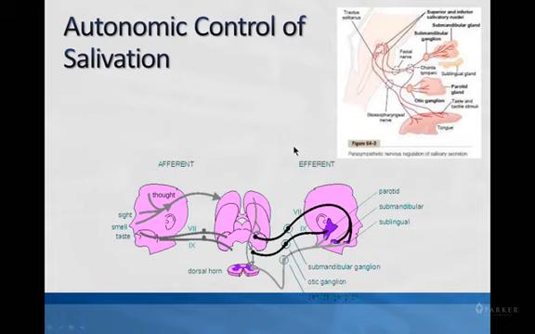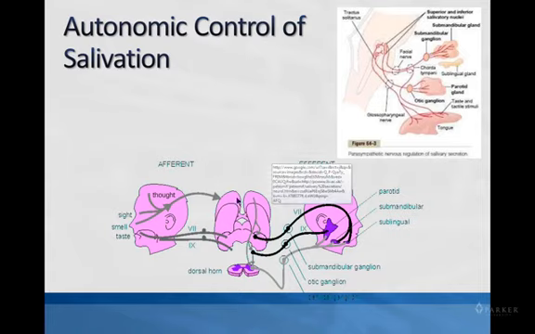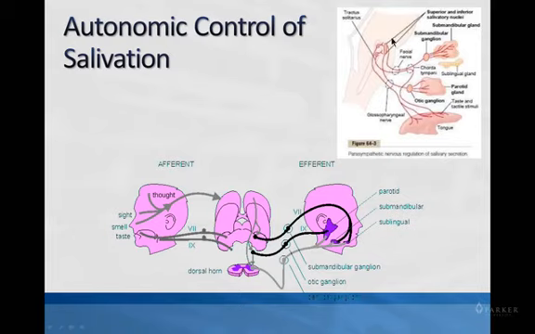Now, the salivation itself is completely controlled by the autonomic nervous system. Okay, it's all completely from the autonomic nervous system. So you have sensory receptors in the mouth and in the pharynx that sense tactile stimuli and taste, and send sensory information to salivatory nuclei found in the brainstem.